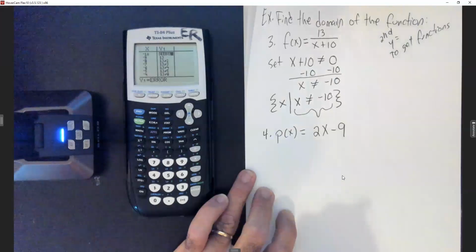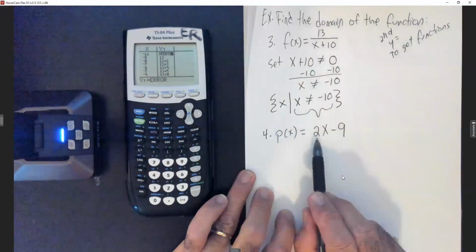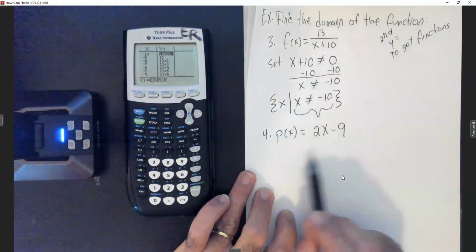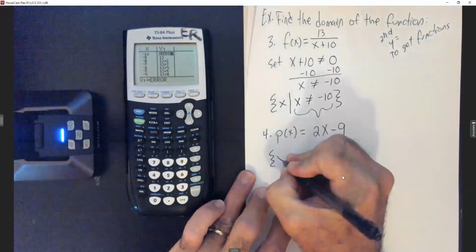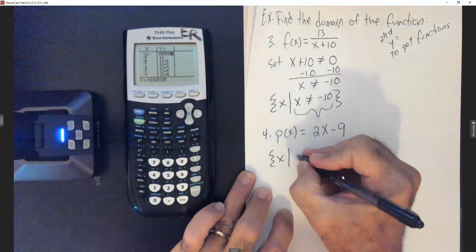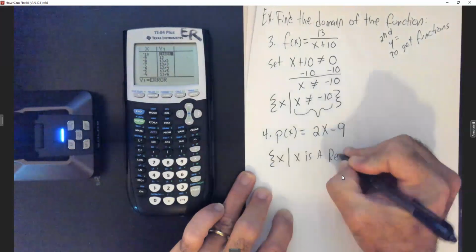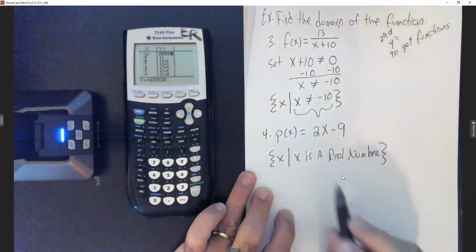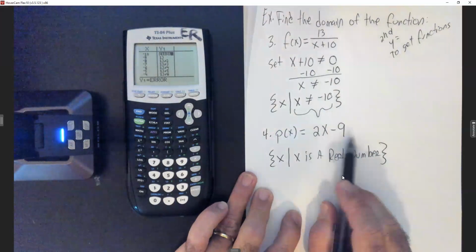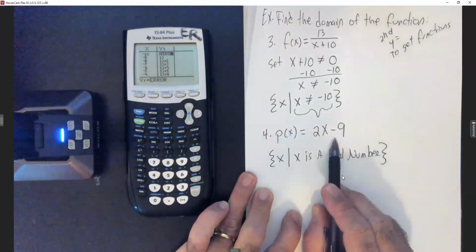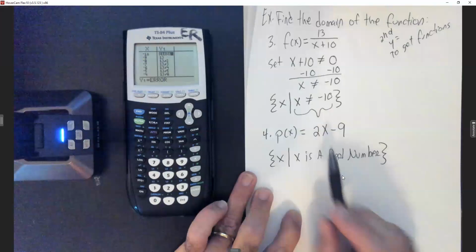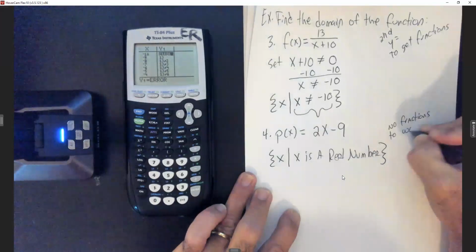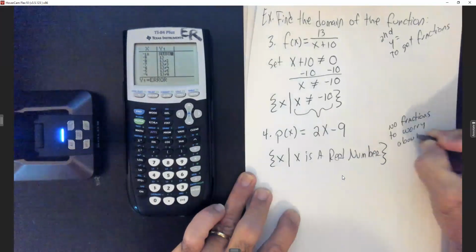Since I have no radicals and no fractions, my answer would be x such that x is a real number. That means whatever number you put in here, I can multiply by 2 and subtract 9. There's nothing that'll make that undefined or imaginary, okay? So no fractions to worry about on this one.